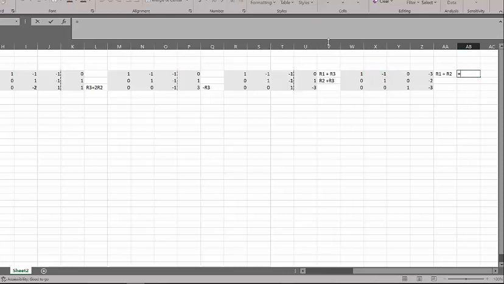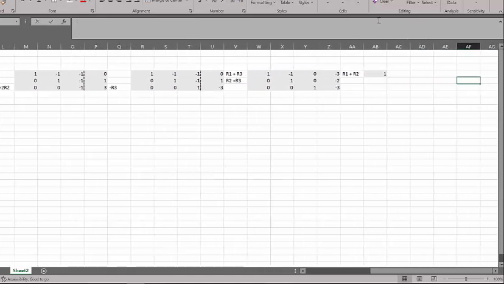So row 1 plus row 2. And here we see that x equals -5. And then the other two rows stay exactly the same.